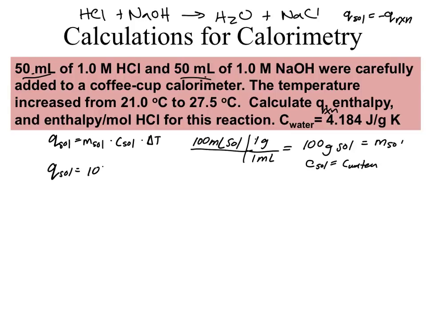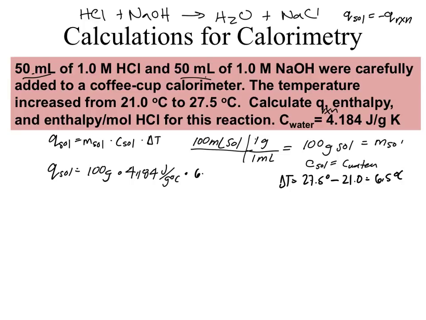Okay, so we have 100 grams of our solution times our specific heat capacity of our water. Okay, and of course we need our change in temperature, which is calculated by taking the final temperature of our container minus our initial, which is equal to 6.5 degrees C.